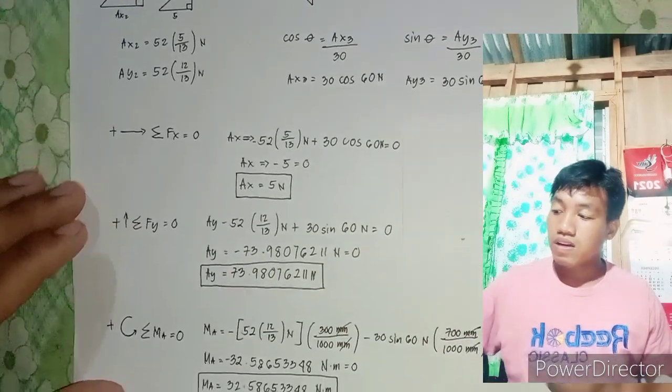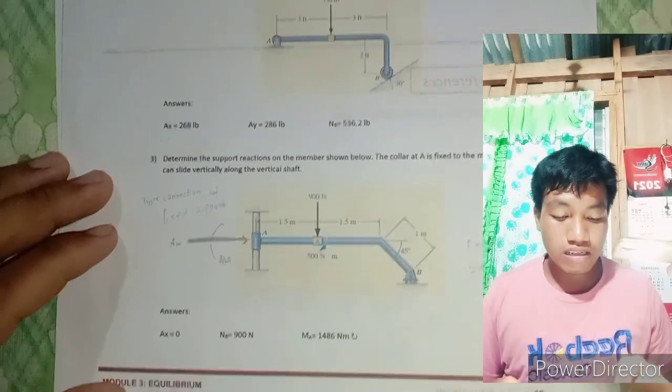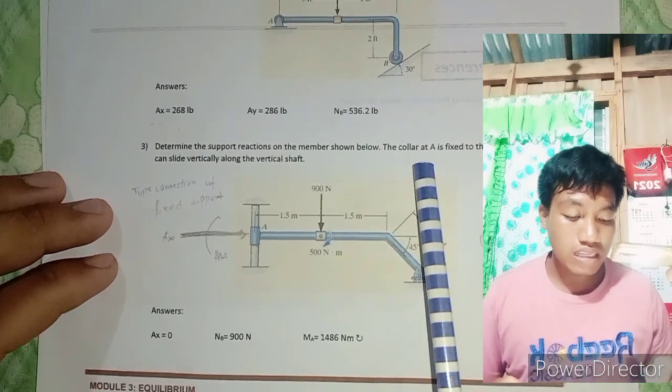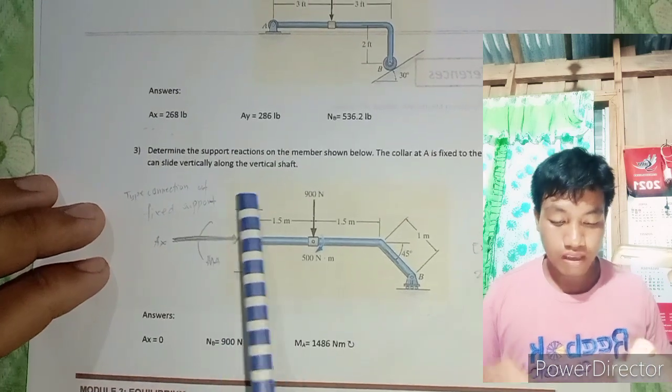So, question number 2. Determine the support reaction on the member shown below. The collar at A is fixed to the member and can slide vertically along the vertical shaft.